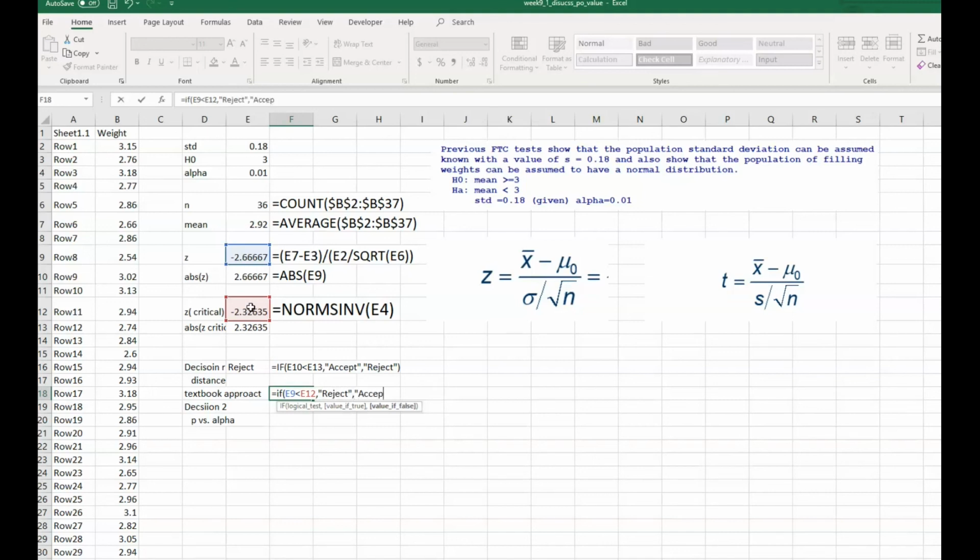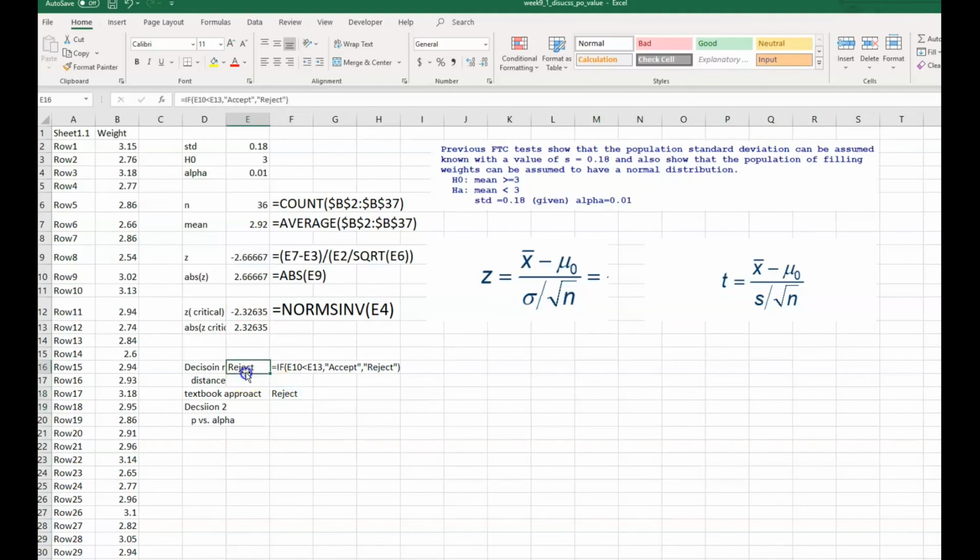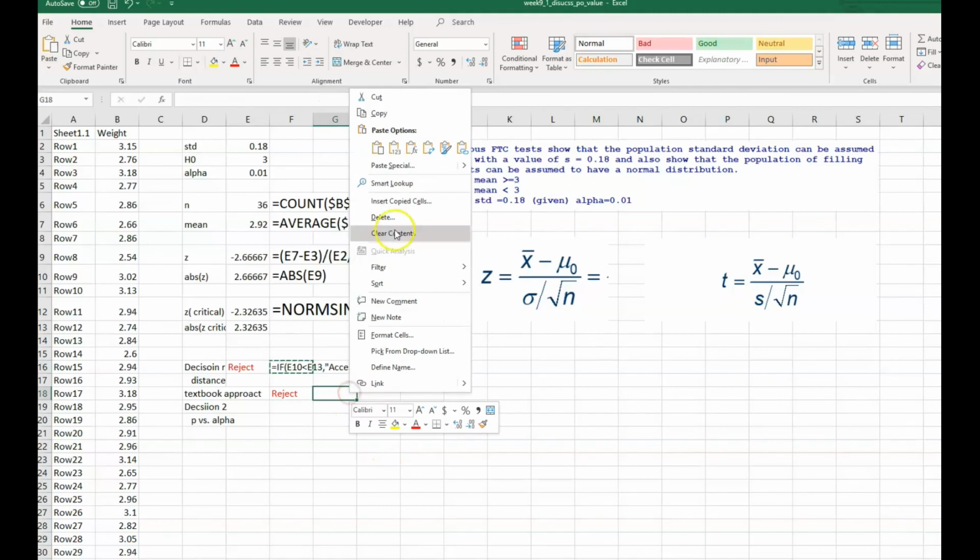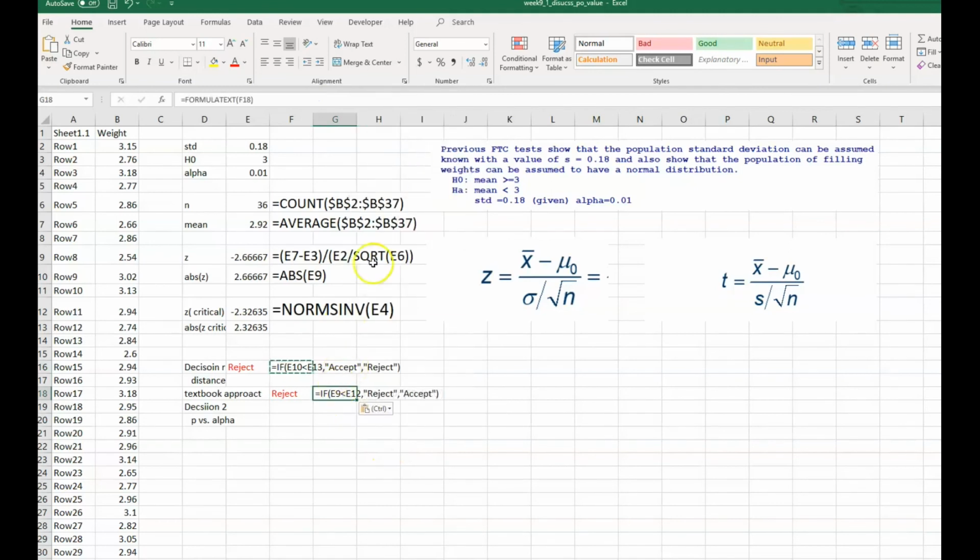Otherwise, we accept. Okay, also we got reject and reject. Again, I prefer using my approach. Look at the absolute value.